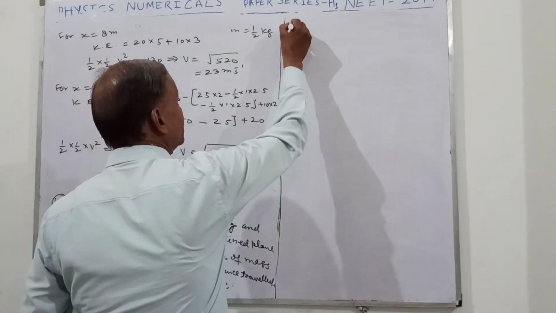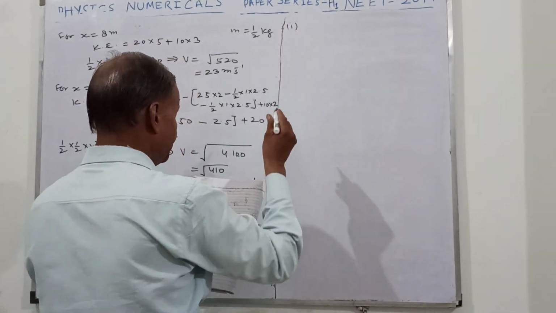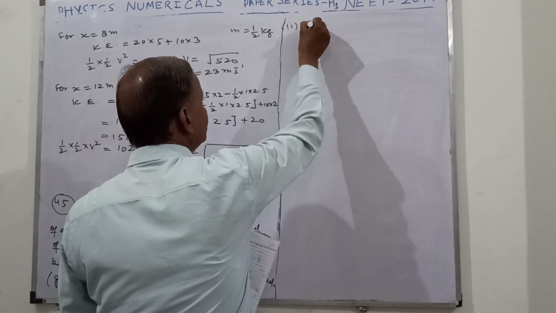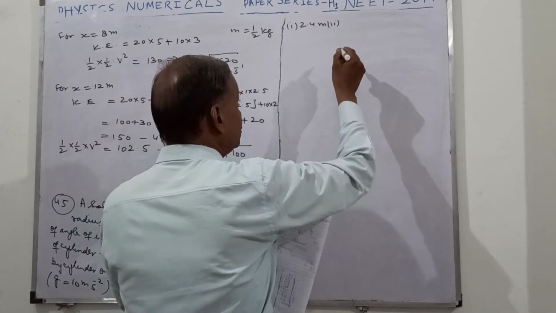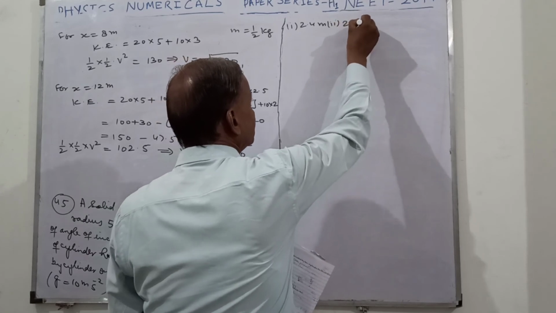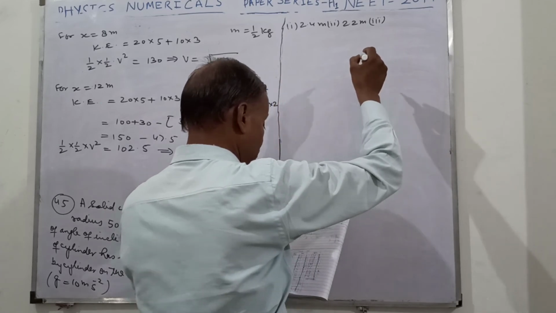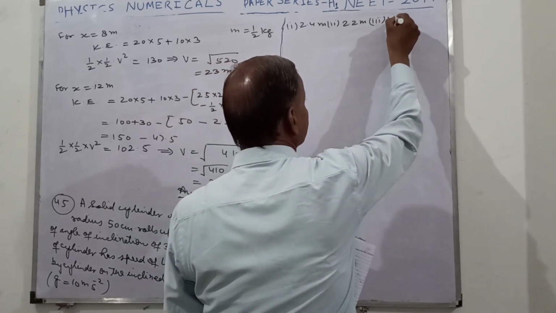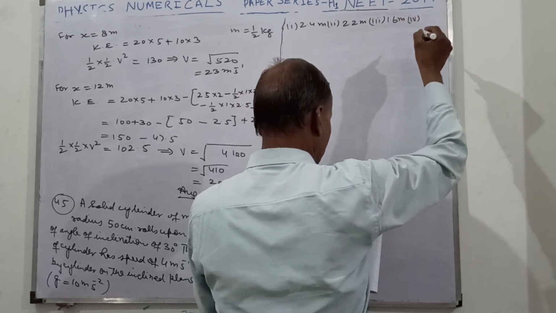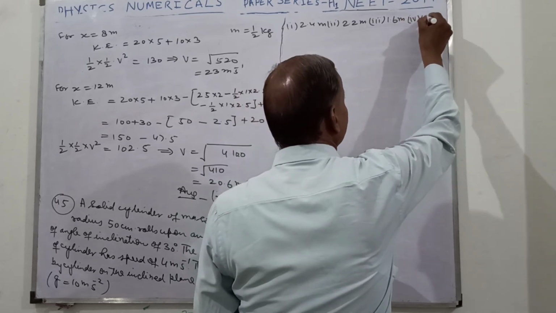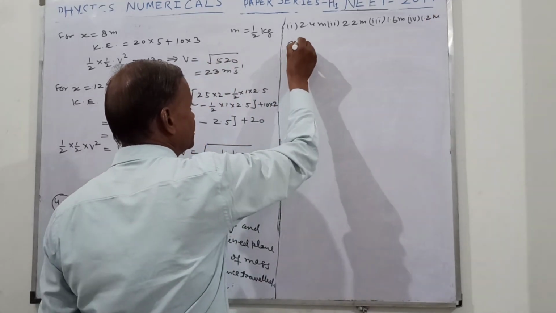Now the options are: first, 2.4 meter; second, 2.2 meter; third, 1.6 meter; and fourth, 1.2 meter. Now the solution.